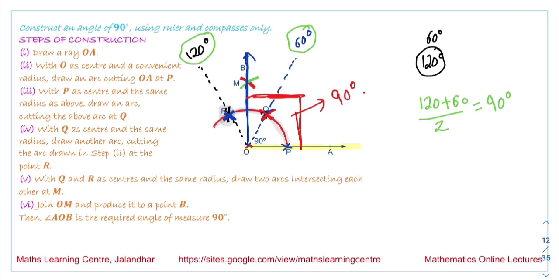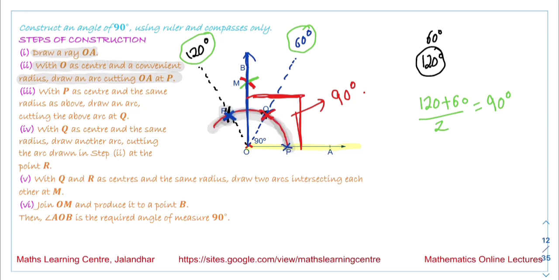The same thing is mentioned when we have to write the steps of construction. In the first step, we draw an arc OA. Then with O as center and a convenient radius, we draw an arc cutting OA. This is the PQR arc we have drawn.